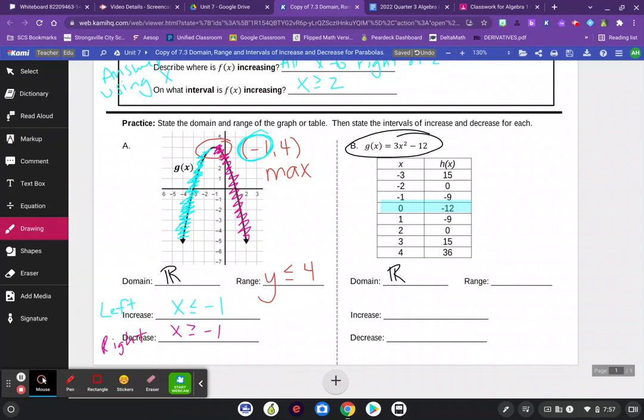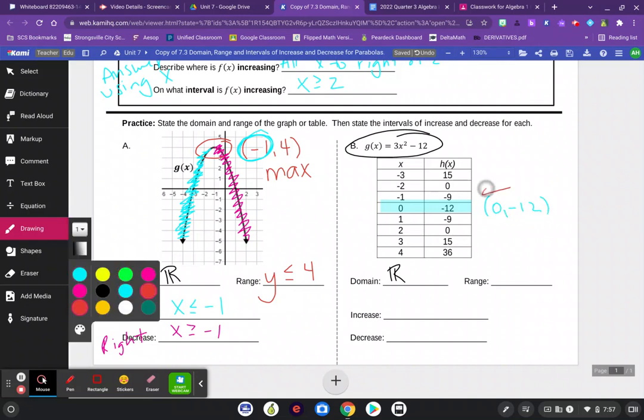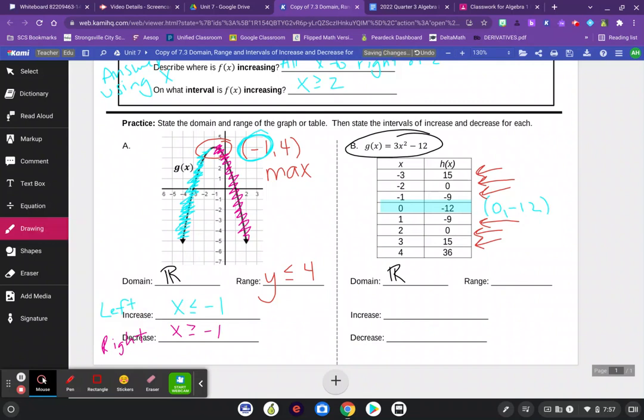I know that's the vertex because I notice that on either side, I get these repeating y values. Because the -12 does not repeat, that means the vertex is at (0, -12). That's the only coordinate that has the y value -12. Everything else repeats on either side of that.